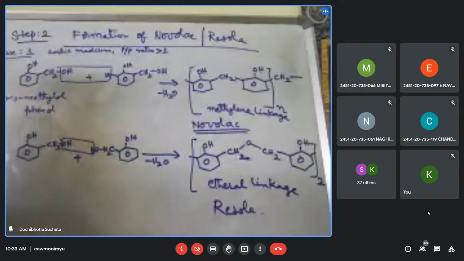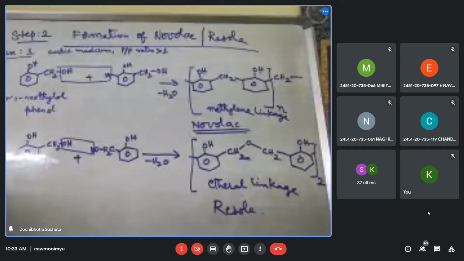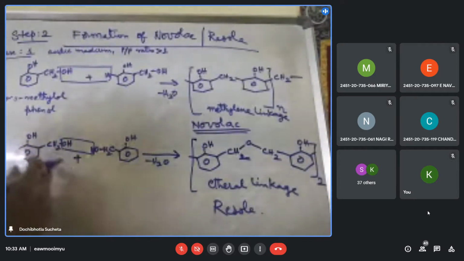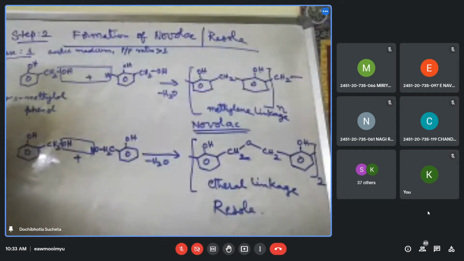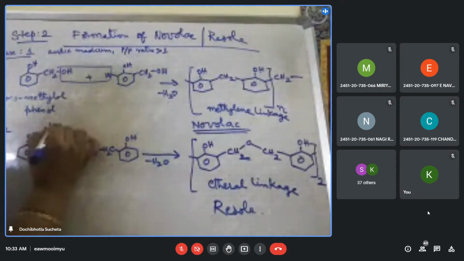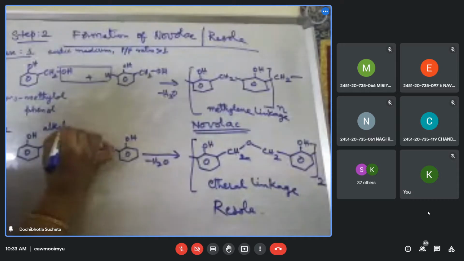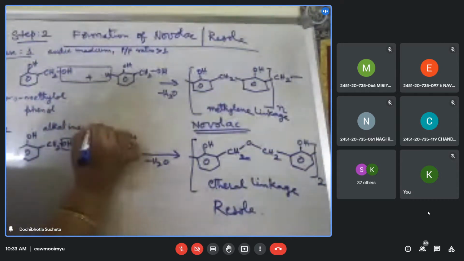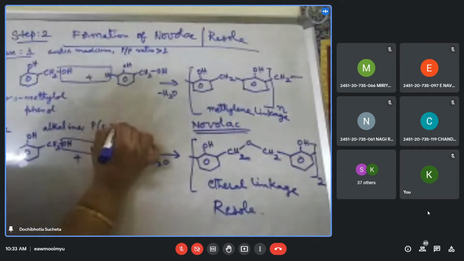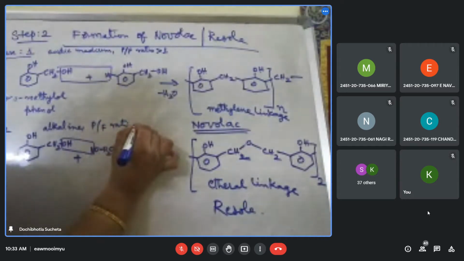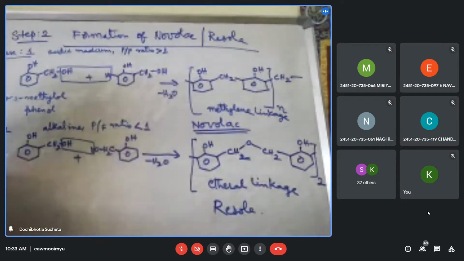This is generally in the case of case 2, when the medium is alkaline and the phenol formaldehyde ratio is less than 1.